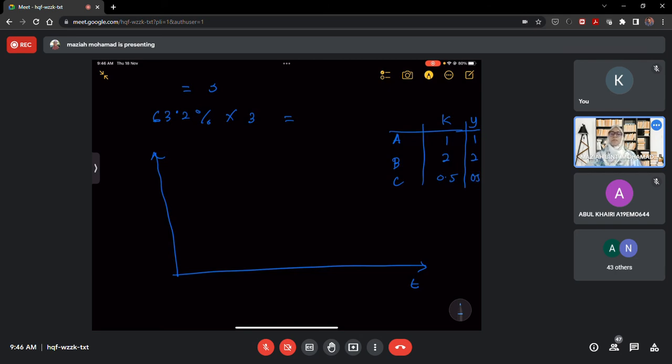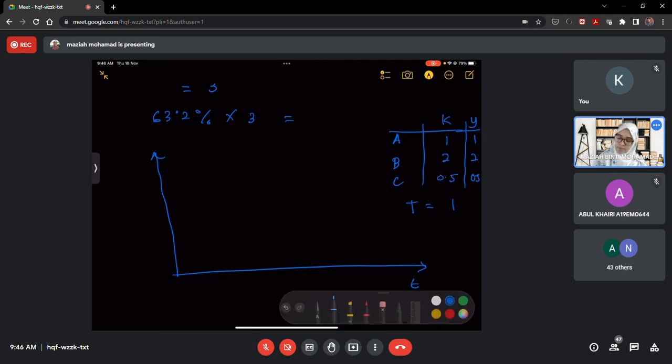Let's also consider the time constant is the same. Time constant is 1. So I'm going to plot.